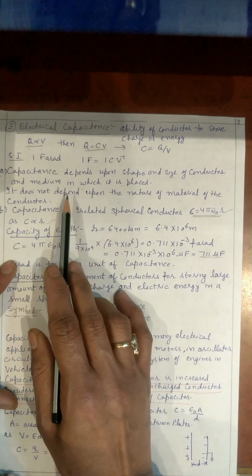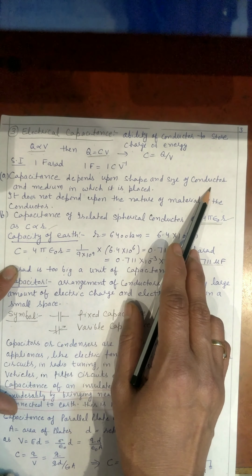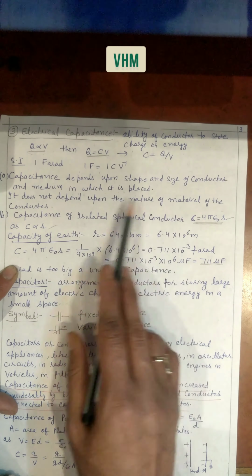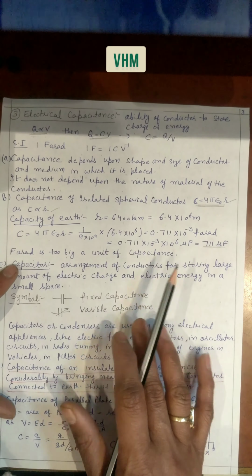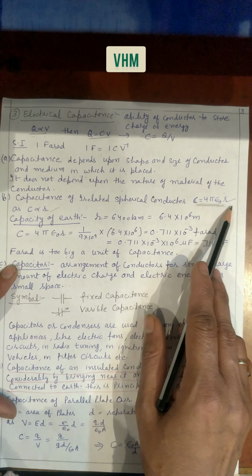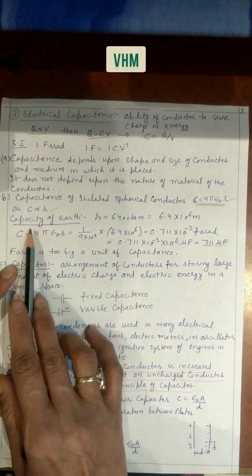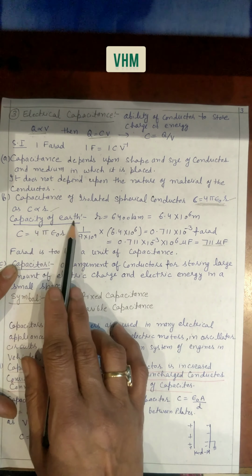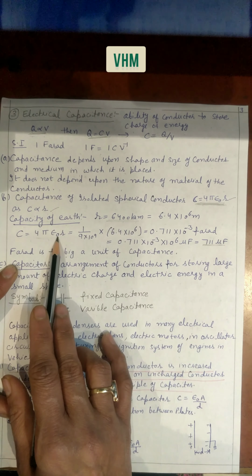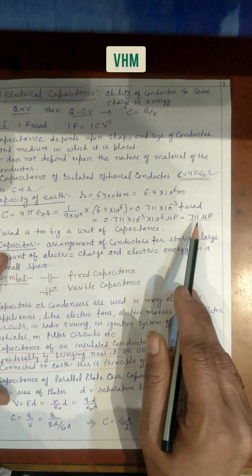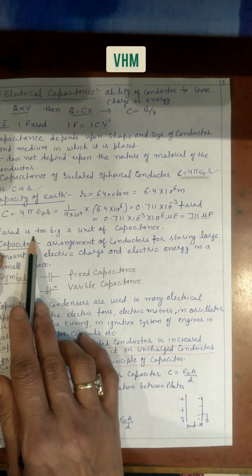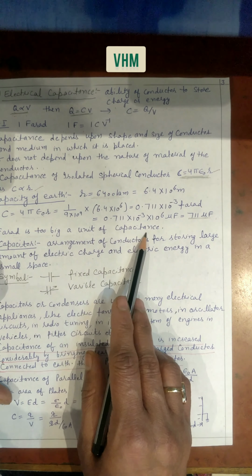Capacitance depends upon the shape and size of the conductor and the medium in which it is placed, not on the material of the conductor. For an isolated spherical conductor, the capacitance is 4πε0 r, proportional to r. Using this we find the capacitance of the earth by putting in the radius, and we get 711 microfarad. Keep in mind, farad is a very big unit of capacitance.